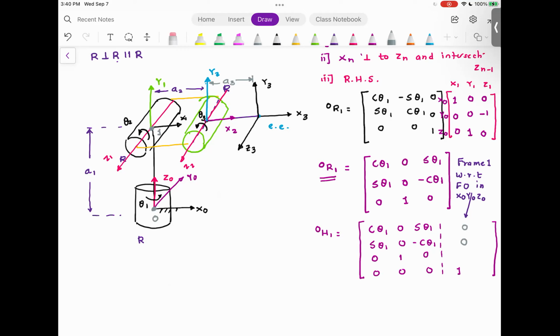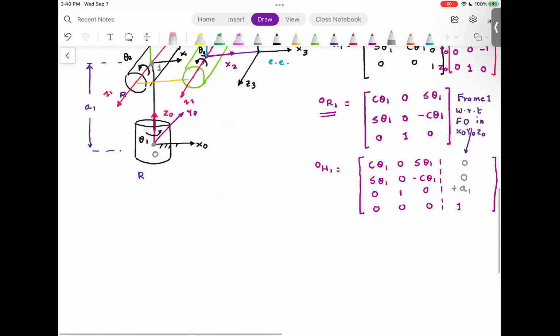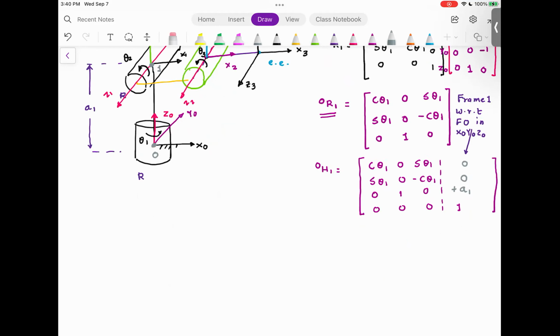About z0, which is A1. Are you with me so far? And this is positive because we are going in the same direction as z0. That's why this is positive, not negative. Okay, so 0h1 is found out. The next step is 1r2.